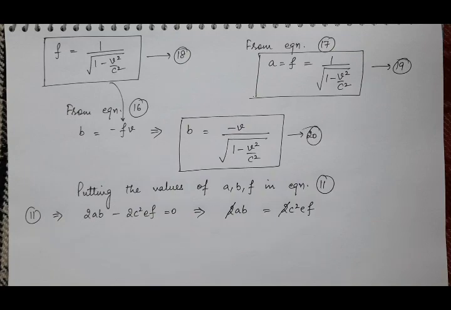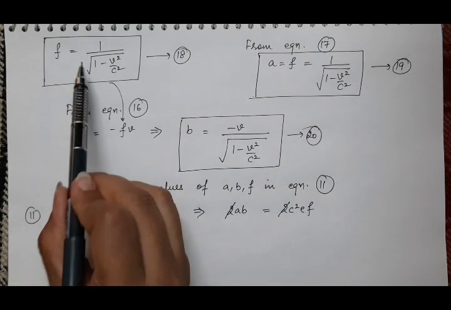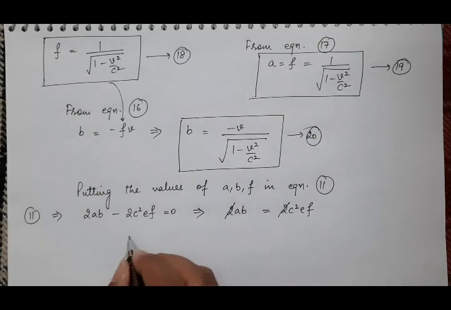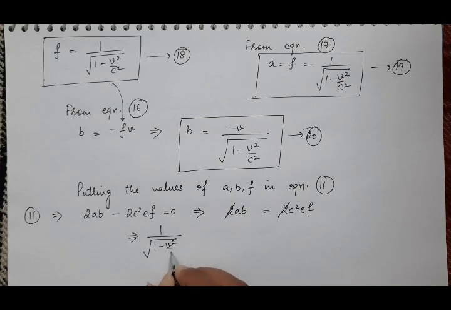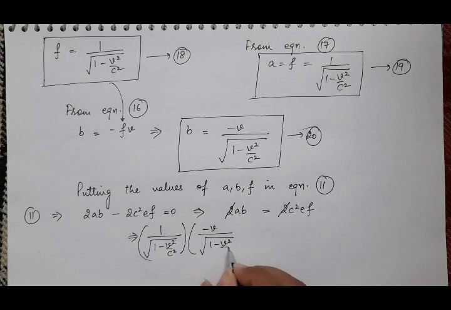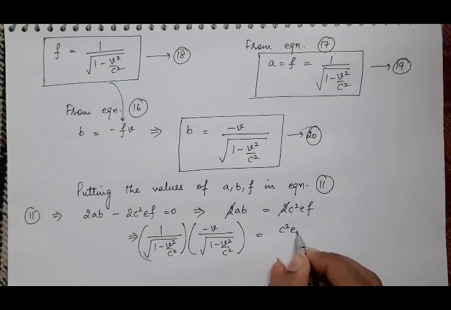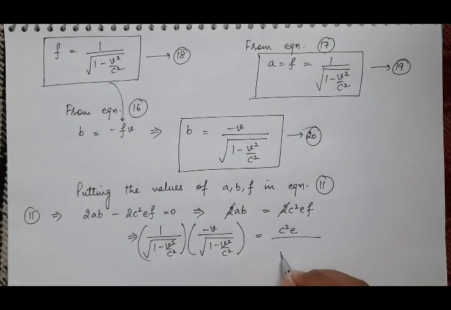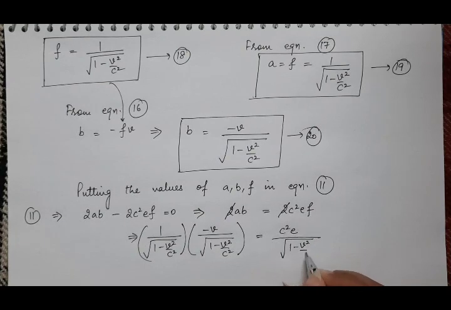Now put the values of A, B and F from these three equations. So what is the value of A? It is 1 upon root 1 minus V square by C square. And the value of B is this, minus V upon root 1 minus V square by C square. It is equal to C square E, which we have to calculate, and the value of F is 1 upon root 1 minus V square by C square.